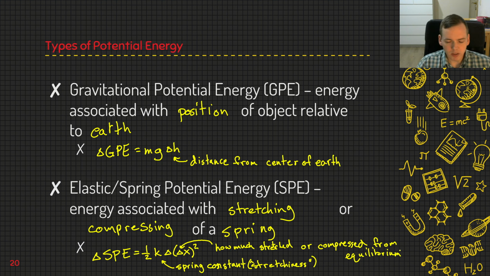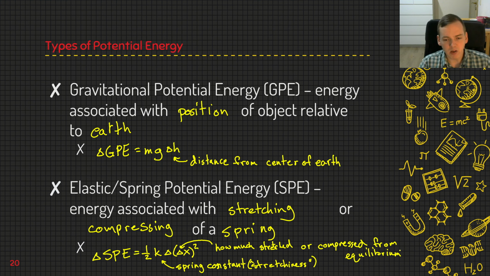If you've ever played with a spring, you know there's a normal position that it sits in if it's just sitting by itself. That inner delta x is if I stretch it some distance or compress it some distance. So it's not how long the spring is, it's how much the spring has been stretched or how much the spring has been compressed.